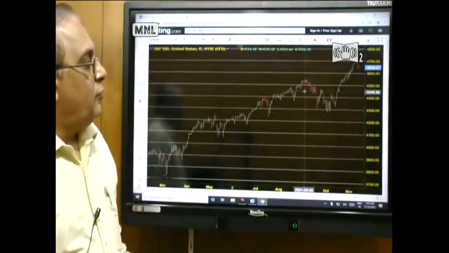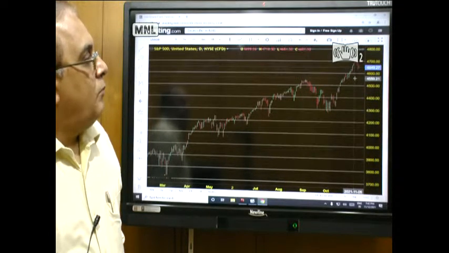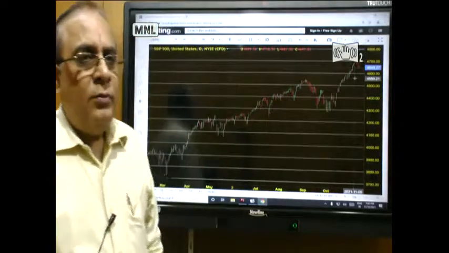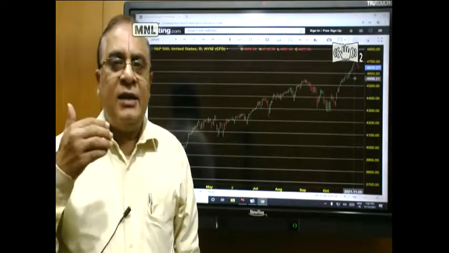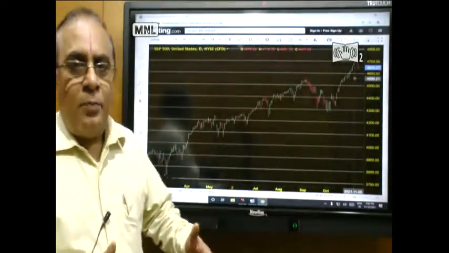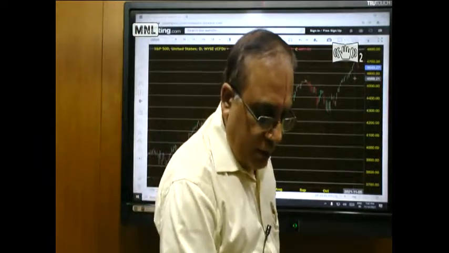So it has come up closer to the 4,720 levels. So now it has broken 1.618 times of this correction, which was approximately 240, 250 points.